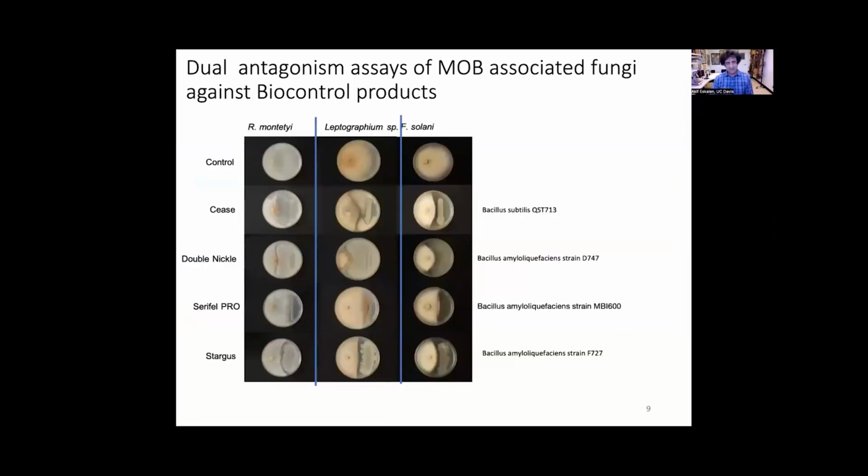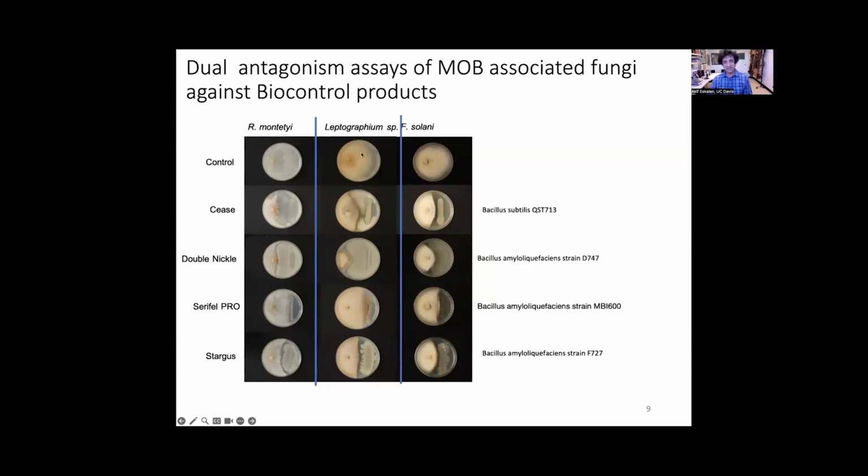The last part of the work that we wanted to explore is whether there are any biocontrol agents that could be utilized to manage, prevent, or control these pathogens. In this case, we focused on Bacillus-based commercial products, and we did dual plating with them.